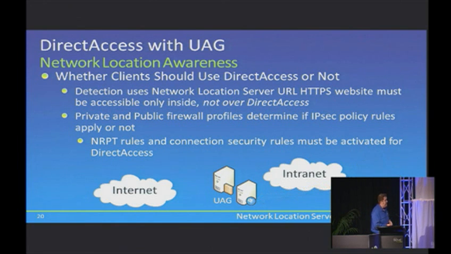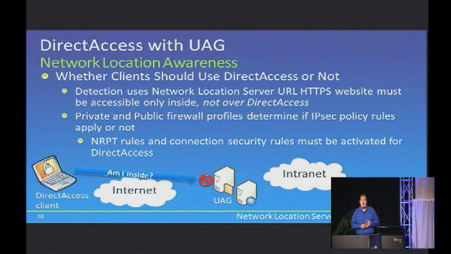Okay? Fair enough. When I'm outside, that URL should not be available for me. So the DA client, or the rules and the techniques that are used with DirectAccess, actually fire up. Why is this done this way? Why are we not looking when we are outside of the corporate network? Think about DDoS attacks, for example, if it were done the other way.